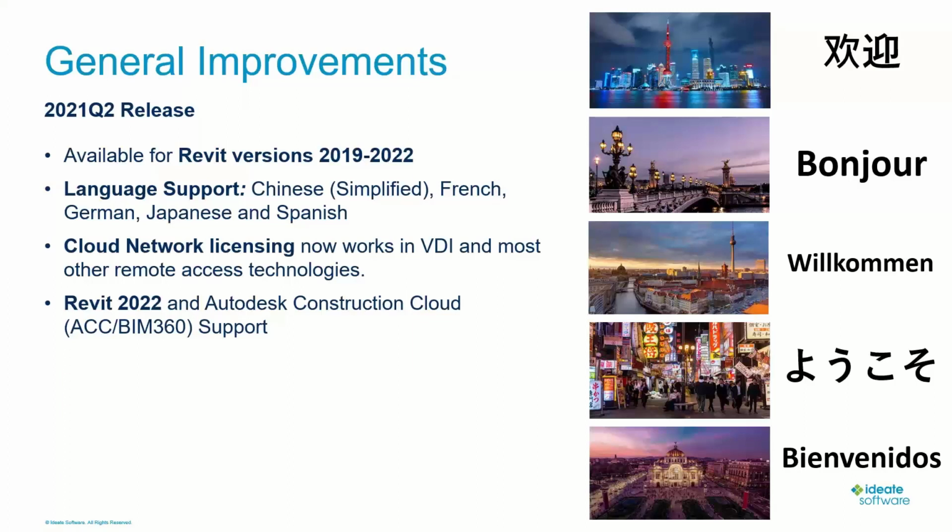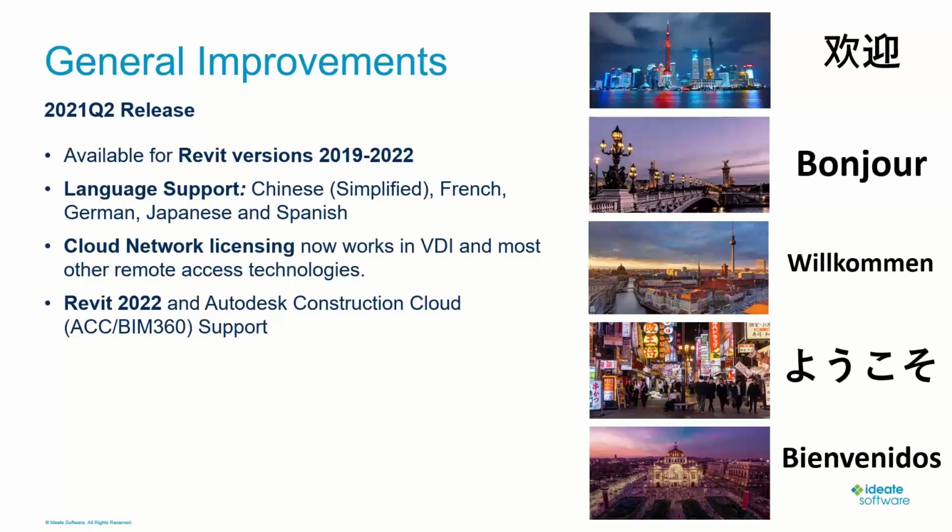Now this is building upon that with all of our solutions available in all these different languages. If you're using, let's say, the Japanese version of Revit, you will be able to use the Japanese version of all of our solutions.